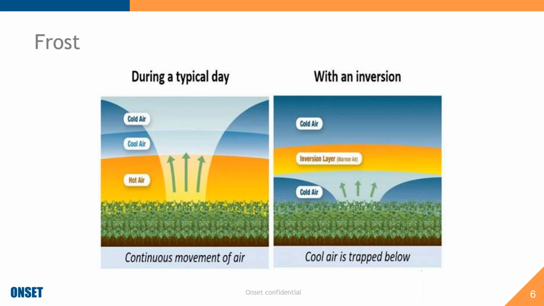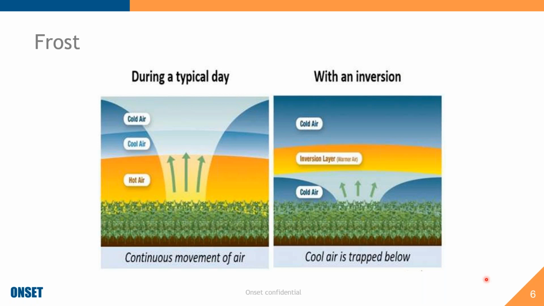However, on clear nights, where the sky is clear, that energy is lost into space. So temperatures near the surface tend to drop, forming a layer of cold air near the ground with warmer air trapped up above, as you see on the right-hand side of your screen.